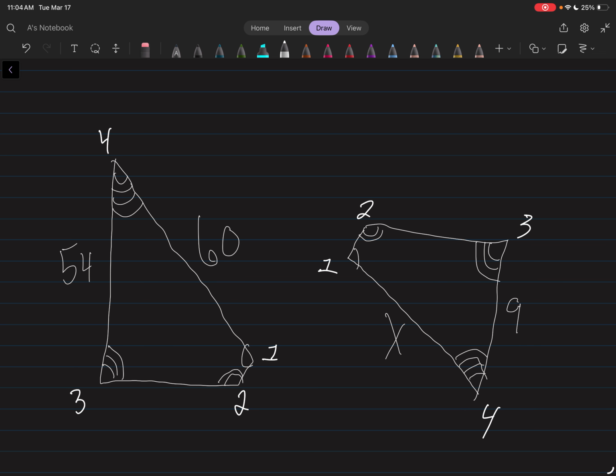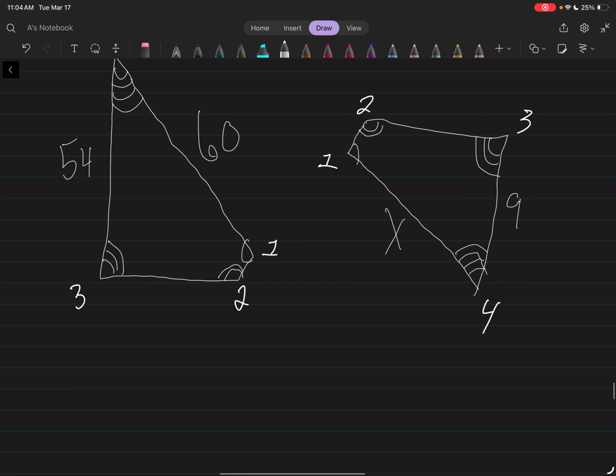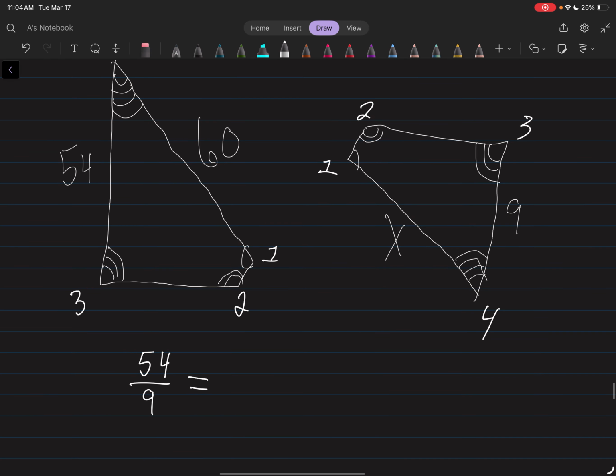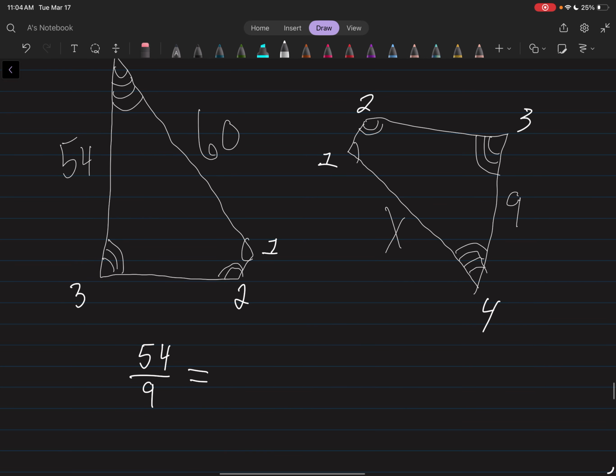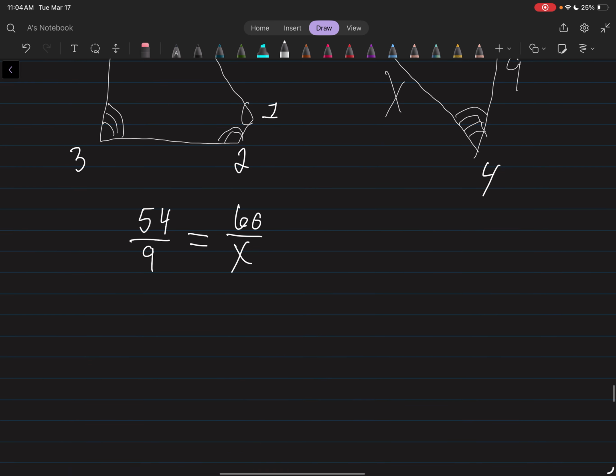Between 3 and 4 for the figures is 54 and 9. So 54 divided by 9 is equal to. Between 1 and 4 on each figure is 60 and x. 60 over x.